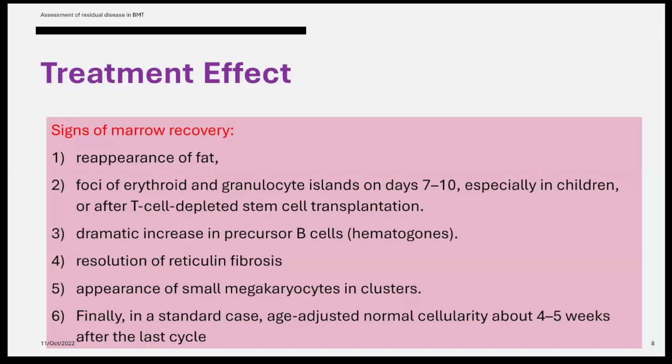Some are really florid that it might be mistaken as incomplete remission. So then, describing the pattern, you can say there is a brisk population of precursor B cells expressing TdT, but then now describe the pattern.